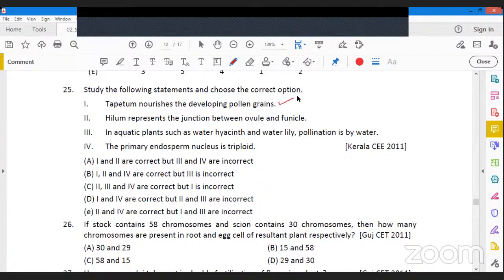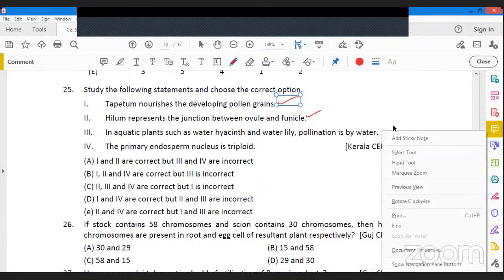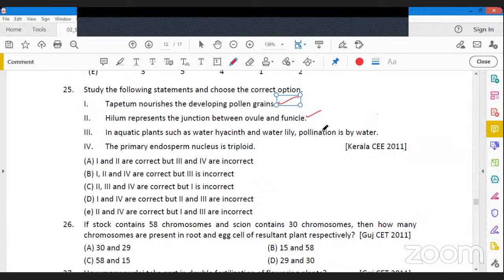Tapetum nourishes the developing pollen grains. Correct. Hilum represents the junction between ovule and funicle. Correct. In aquatic plants such as water hyacinth and water lily, pollination is by water. That is also correct. The statement that in aquatic plants such as water hyacinth it does not take place is wrong. The primary endosperm nucleus is triploid. Correct. 1 and 2 are correct, 3 and 4 are false. So A is the correct answer here.